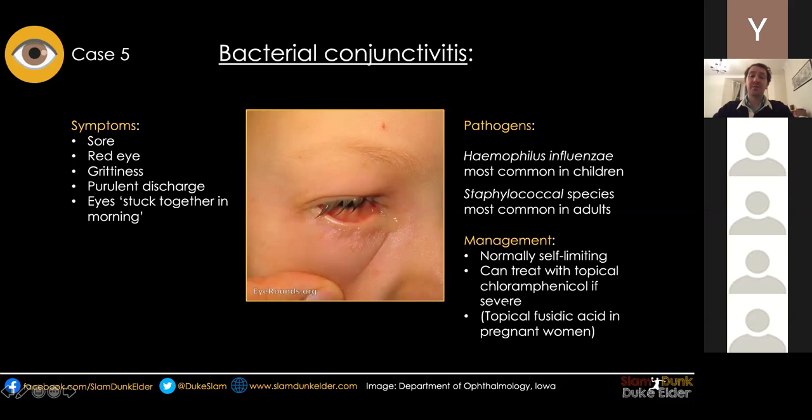It's normally chloramphenicol, but in pregnant women, I think they worry about aplastic anemia, so we give fusidic acid instead. So that was one of the questions in the pre. It's quite a difficult one. It's not always adhered to, but in theory, that's what we should be giving in pregnant women.